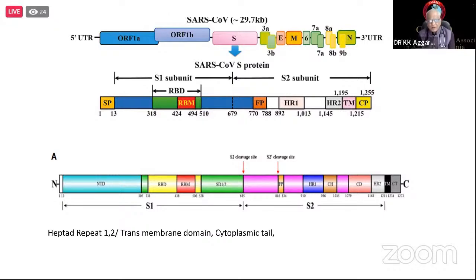That means the TMPRSS2 pathway will take over, and the virus will enter with the help of the S2 subunit, whose job is to create pores inside the cell to bypass the ACE2 receptor and enter the cell. So this NTD was the subject of today.